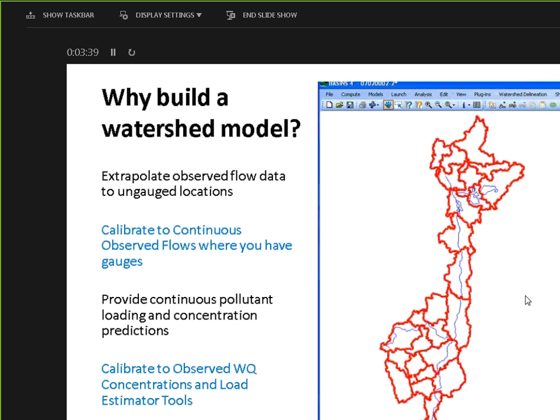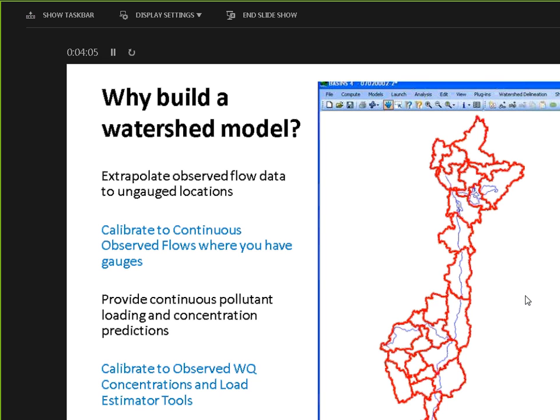So here's the Pomme de Terre watershed again. The USGS has a gauge at Appleton there. So that's the only place where we have any really long-term flow gauges. And we have a fair number of water quality samples collected at 10 sites throughout the watershed. But we have to do TMDLs on places where we don't have a lot of information.